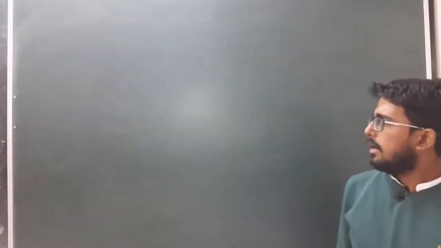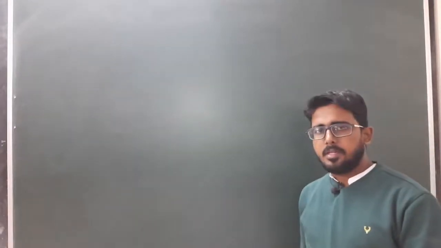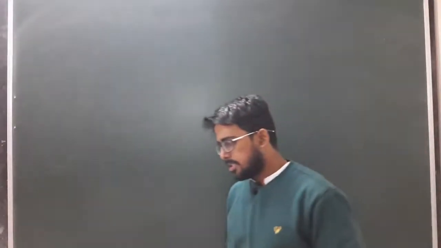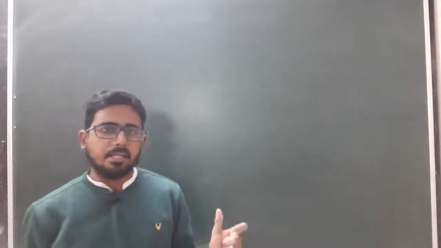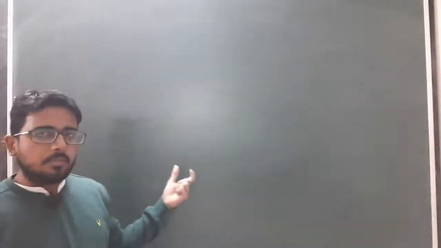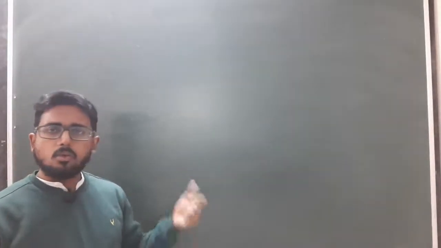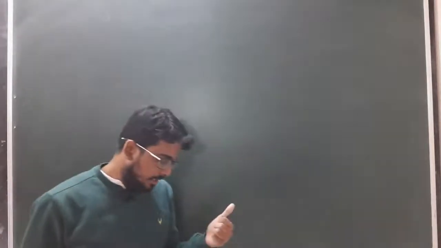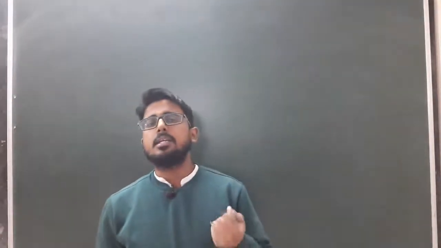So in today's class we already discussed what energy is and the different types of energy, and basically we studied mechanical energy, which is of two types: kinetic energy and potential energy. Kinetic energy is the energy possessed by a body due to its motion, and potential energy is the mechanical energy possessed by a body due to its position or change in configuration.